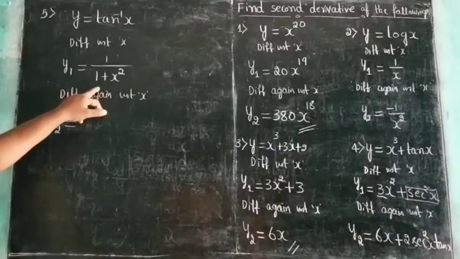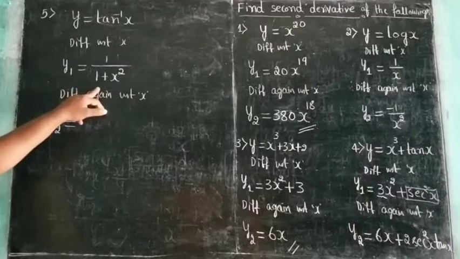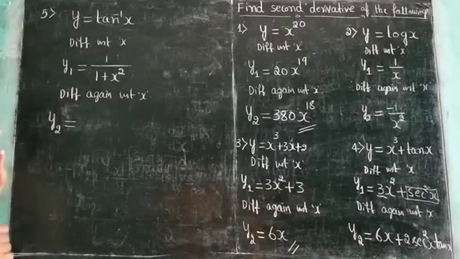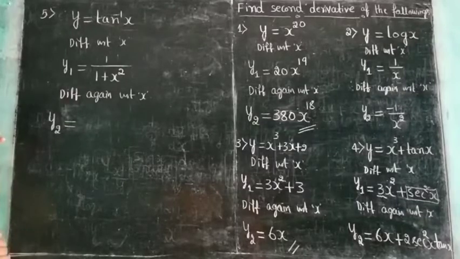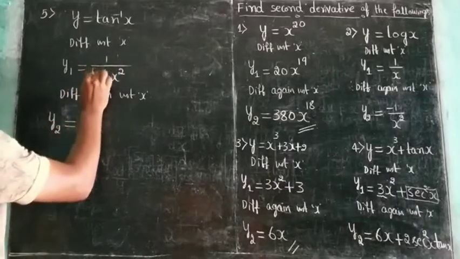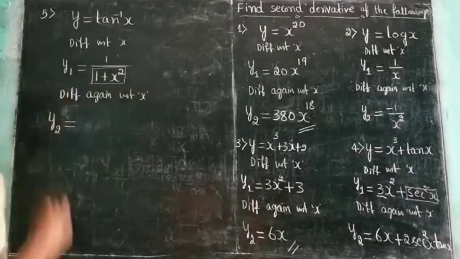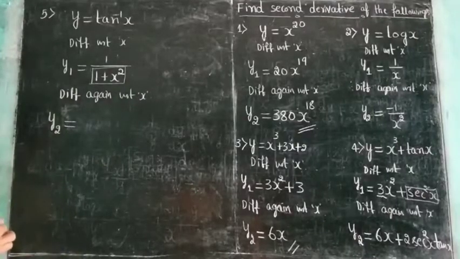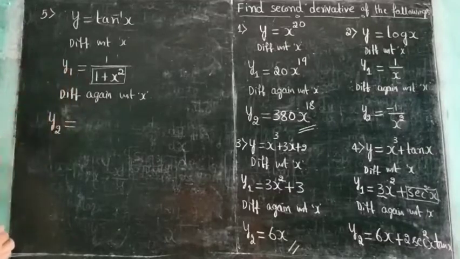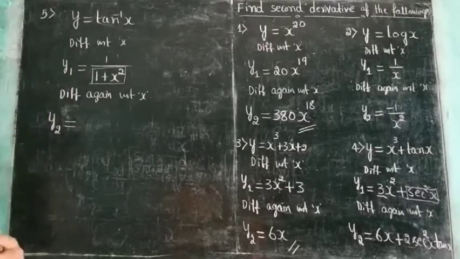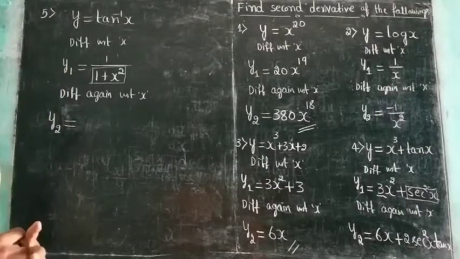So apply the quotient rule. First method, or in other words it is of the form 1 divided by x. It is of the form 1 by x. What is the derivative of 1 by x? Minus 1 by x square.